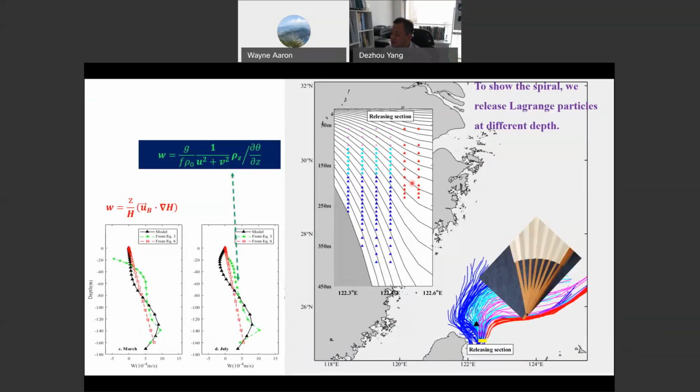To show the spiral, we release Lagrangian particles at different depths. The blue color means the particles released at the deep layer. This one is the middle layer and the surface layer.